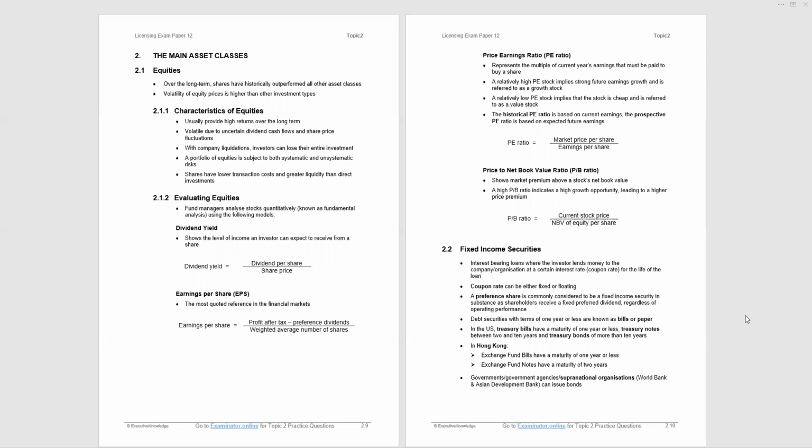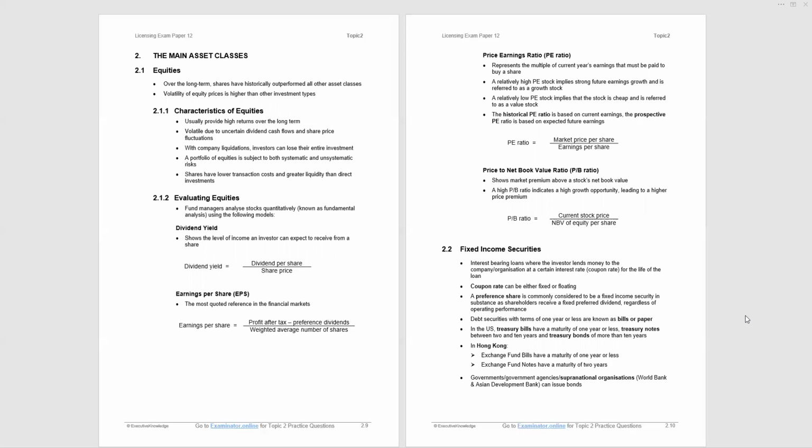They usually provide high returns, but over the long term, 5-10 years. They are volatile due to uncertain dividend cash flows and share price fluctuations. Well, the share price fluctuations in themselves provide volatility, but so does uncertainty with regard to the dividend cash flows in the future. With a company liquidation, you can lose your entire investment.